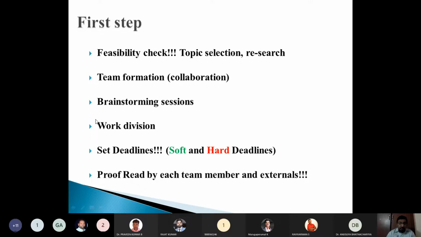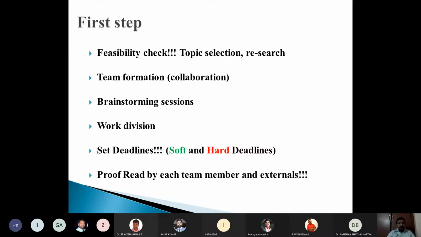So this is discussed in the brainstorming session, along with the work division. And of course, the most important point is to set deadlines. Every journal, be it a normal journal or a special issue, has its own deadlines.